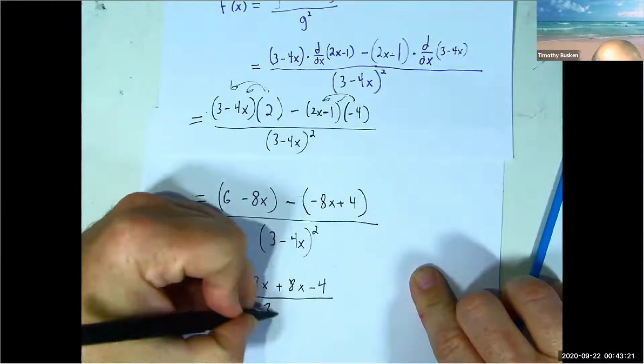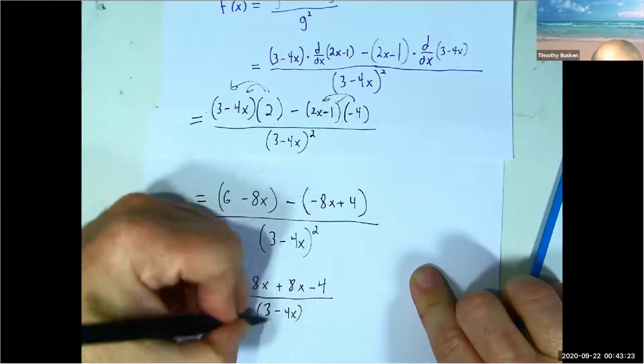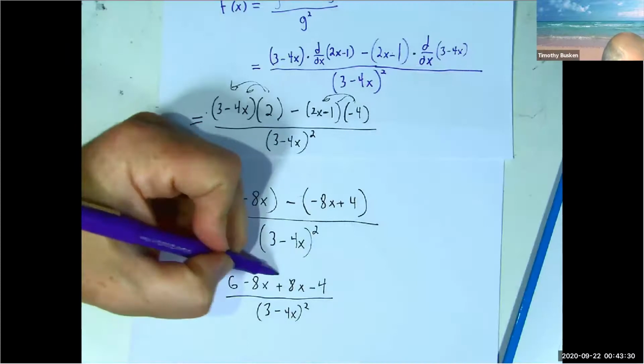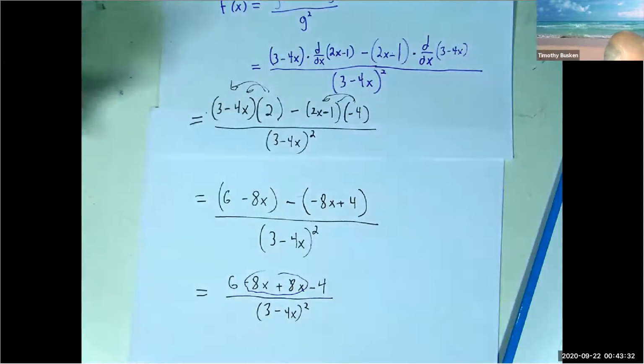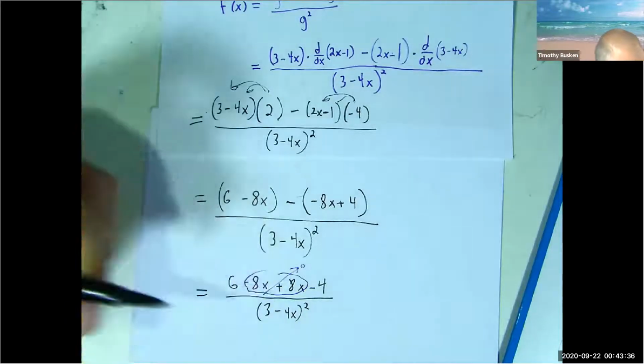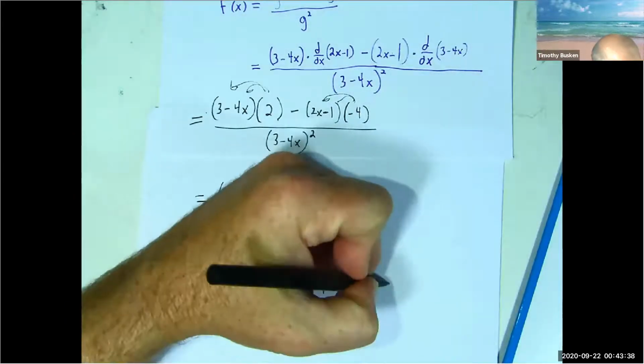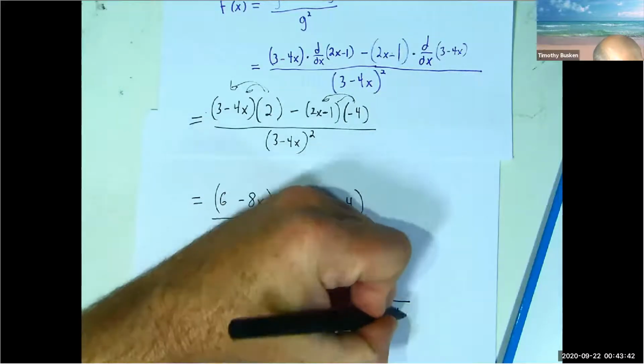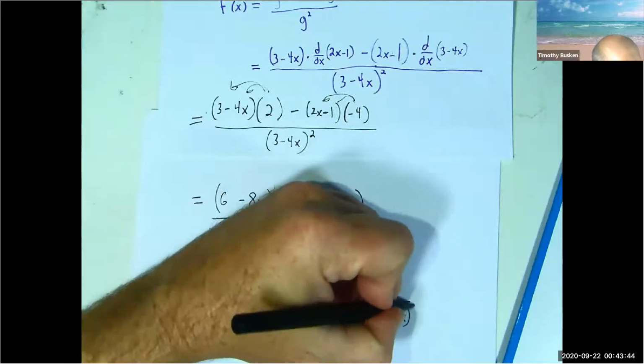And that's all over 3 minus 4x quantity squared. And you can probably see what's going to happen here when you add up 8x and negative 8x. That's going to zero out. And then 6 minus 4 is nothing but 2. So it looks like we're getting a fairly simplified version of the derivative function. And it looks like this.